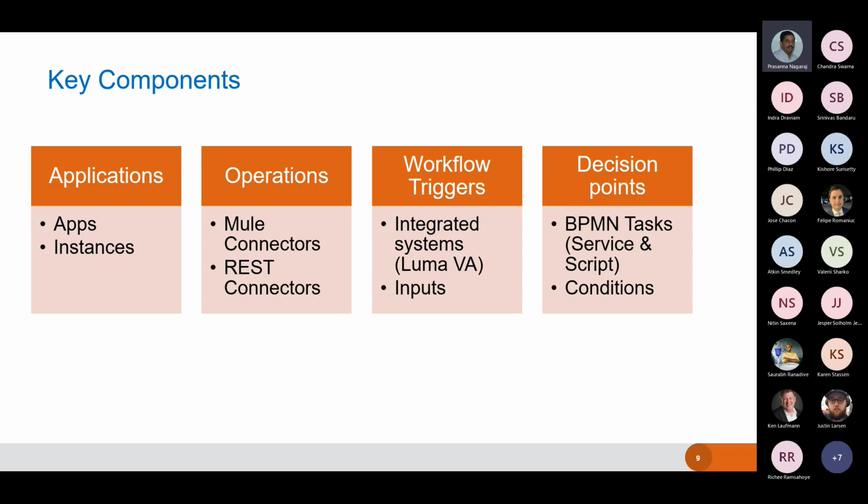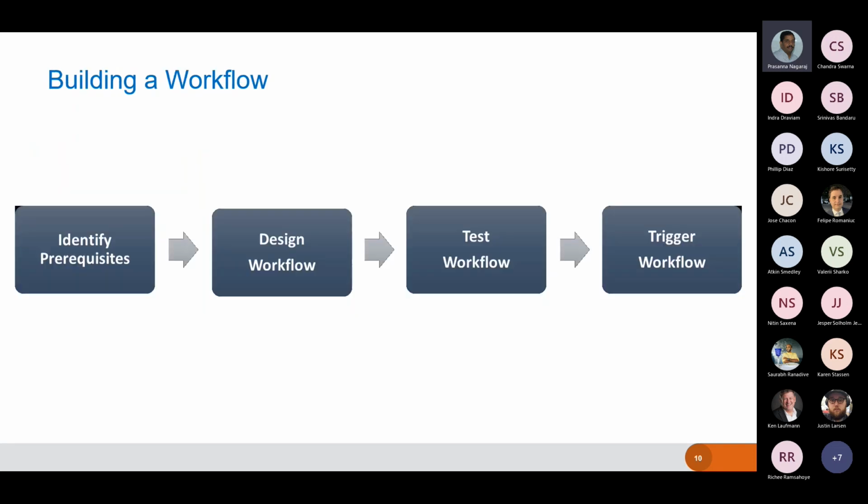We'll cover that later. Operations, as we discussed, are of two types: the Mule connector one and the REST interface type. The rest of the stuff is similar. Then, how do we build a workflow? We walked through that. Mainly, identify the prerequisites and be clear on what is required for your workflow to be completed.